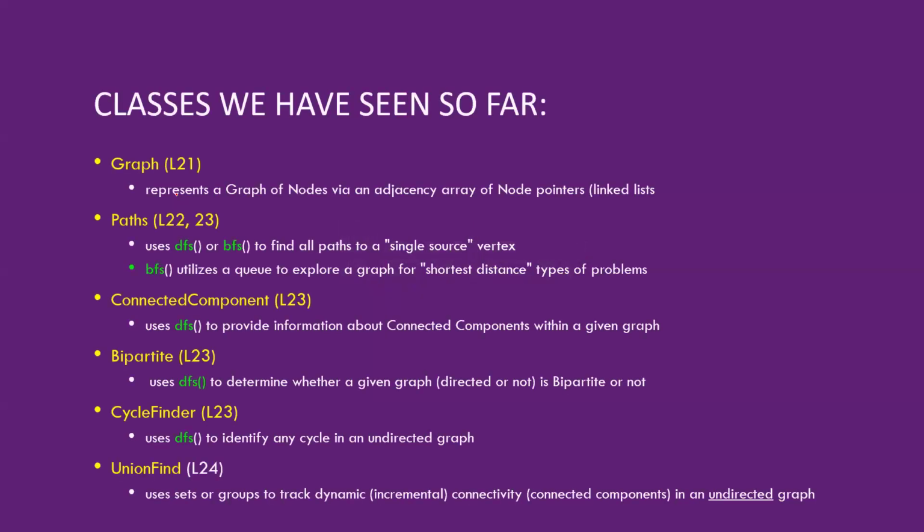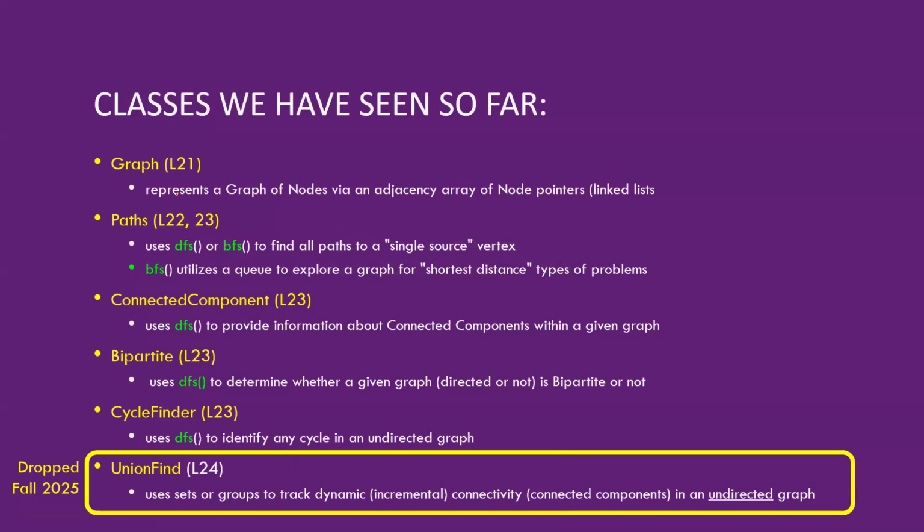All right, so for the review, we'll skip this slide, but think back about all the classes we've covered in the last handful of lectures. We created a graph class and a paths class. We created a connected components class. Both of these classes are based on the graph class.